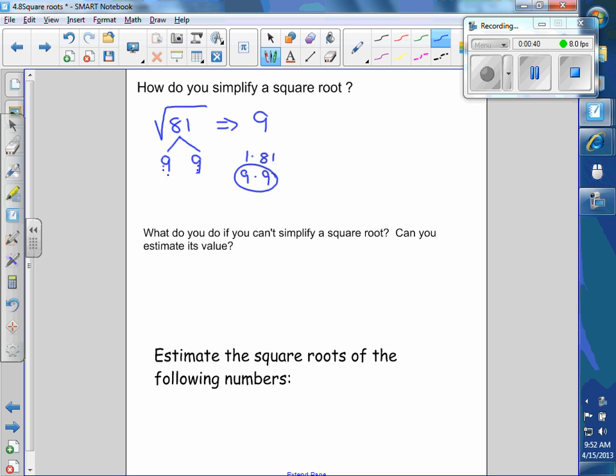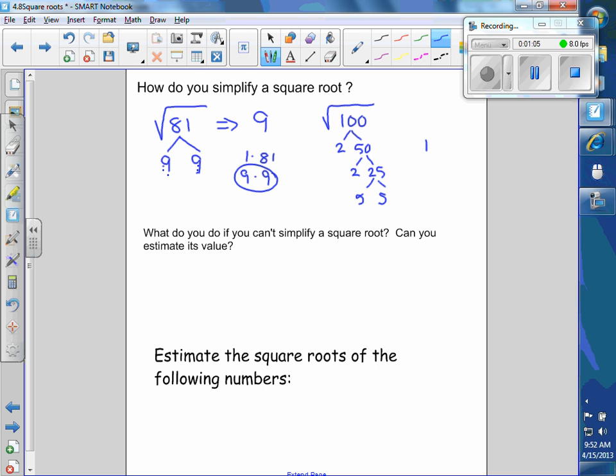Let me do a couple of things. Suppose you have, we're only going to do perfect squares today. Things that come out perfectly. Suppose you had 100. Of course, there are so many ways to do a factor tree. You could do 2 and 50 to get a prime factorization, 2 and 25, and 5 and 5.